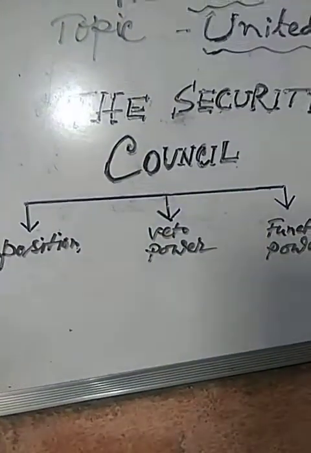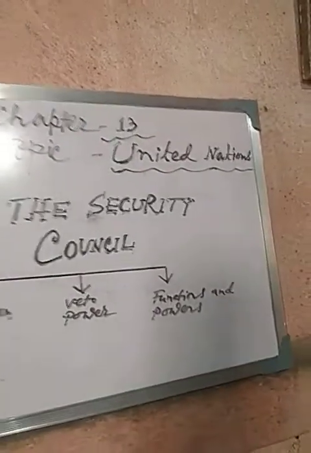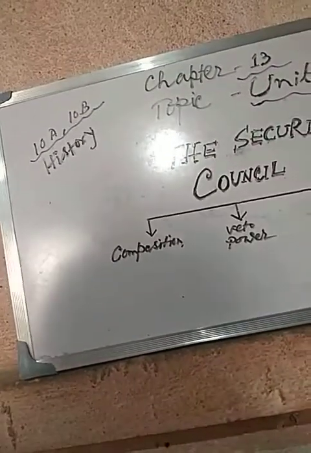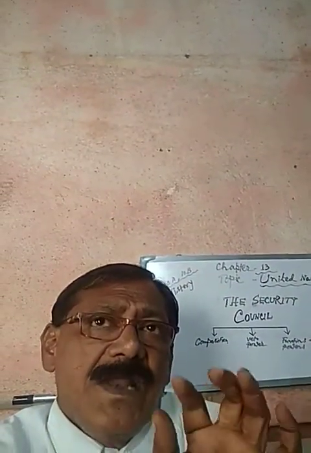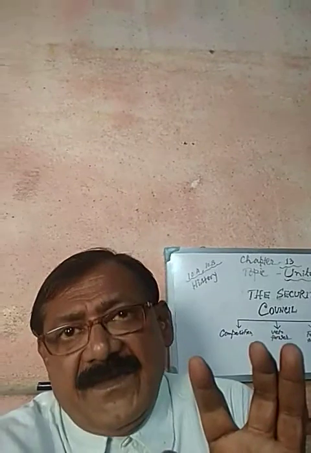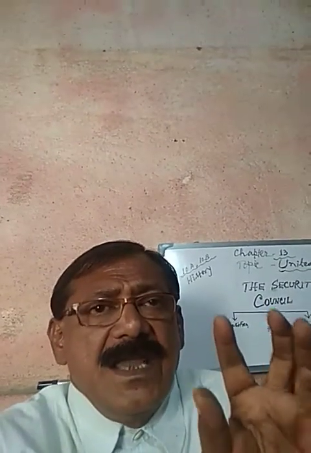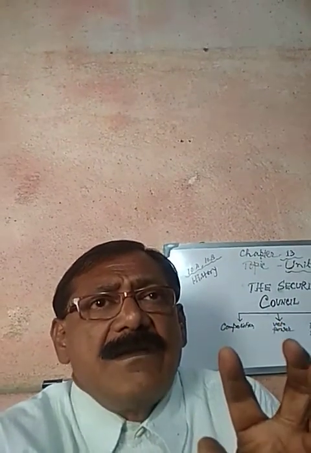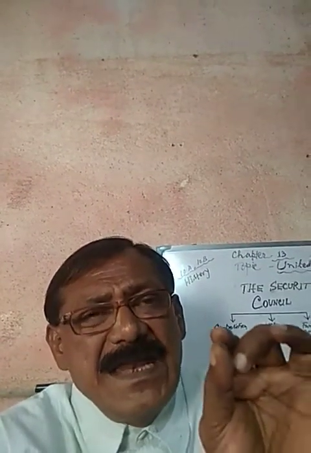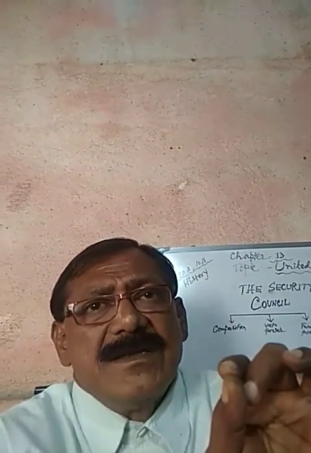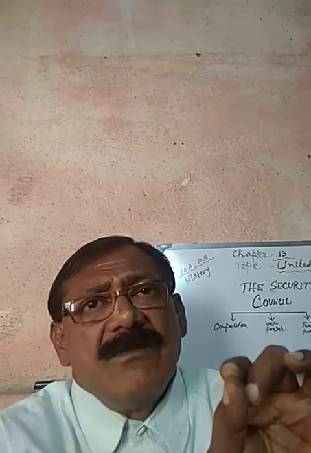Now, the veto power of the Security Council. What is veto power, my dear students? The meaning of veto power is to utilize a special power by which a political deadlock can be created by any member country of the Security Council.